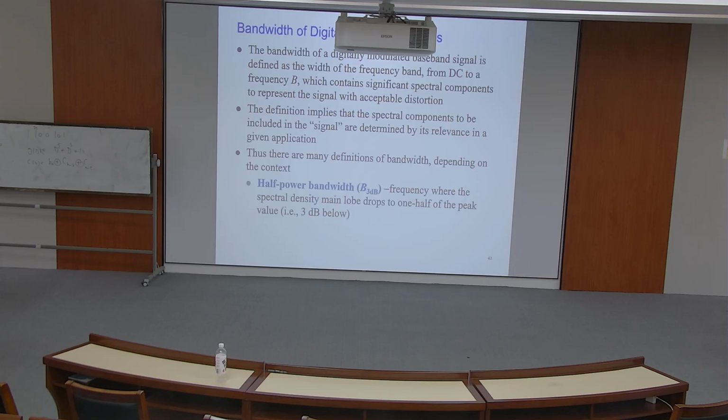The first is half power bandwidth, 3 dB, right? It is the frequency where the spectral density main lobe drops to 1/2 of the peak value, that is 3 dB below. That is called the half power bandwidth.